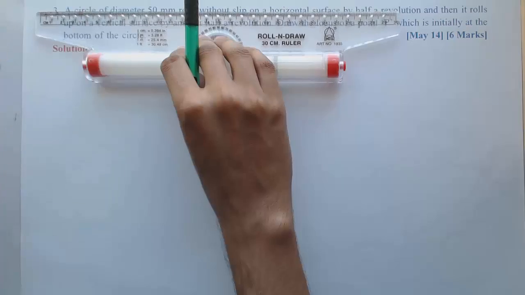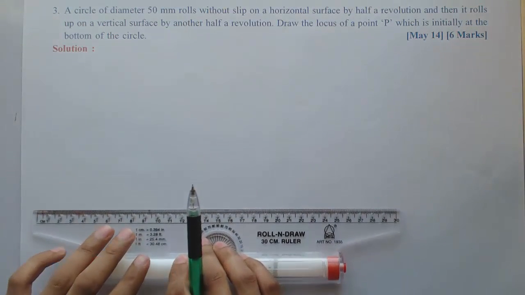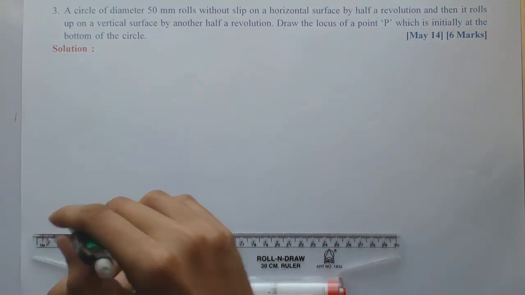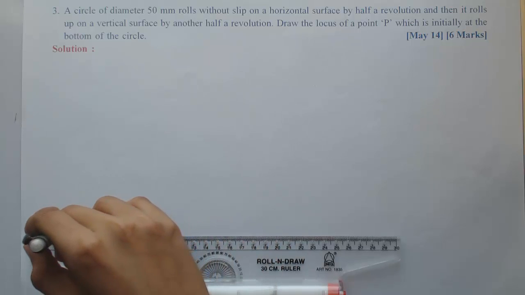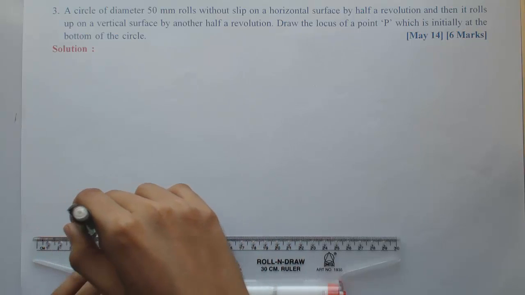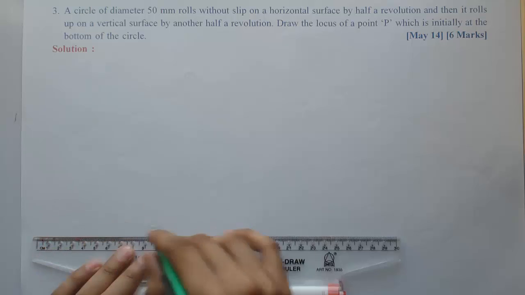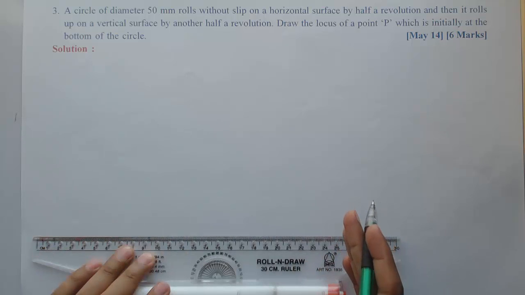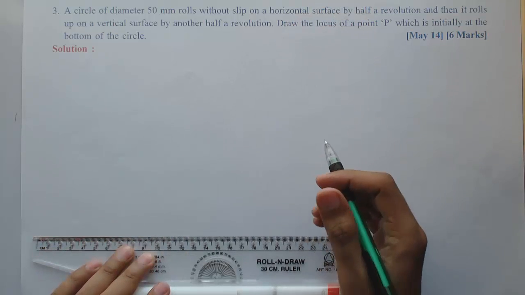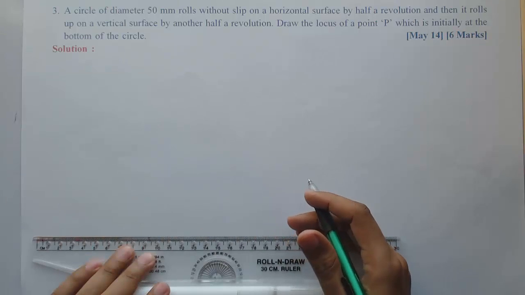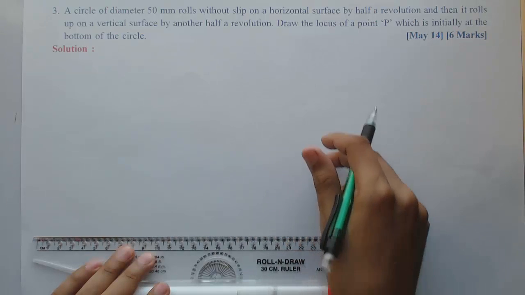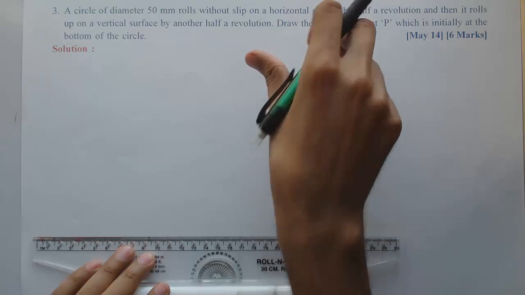So initially we will mark the directing line, and remember here after half a revolution we need to go along the vertical wall. So we need to start at the bottom so that for the remaining half a revolution we can go upwards.